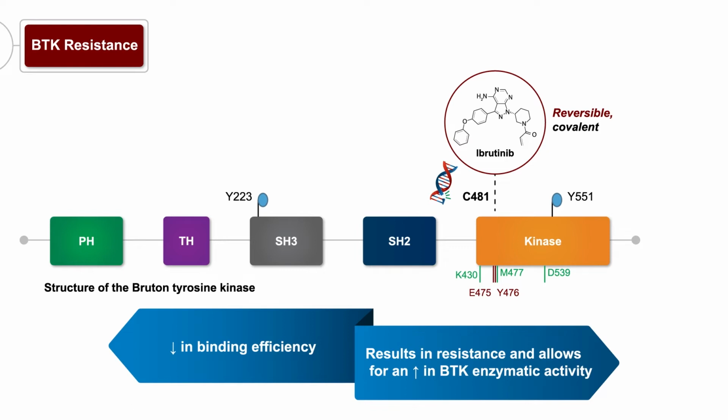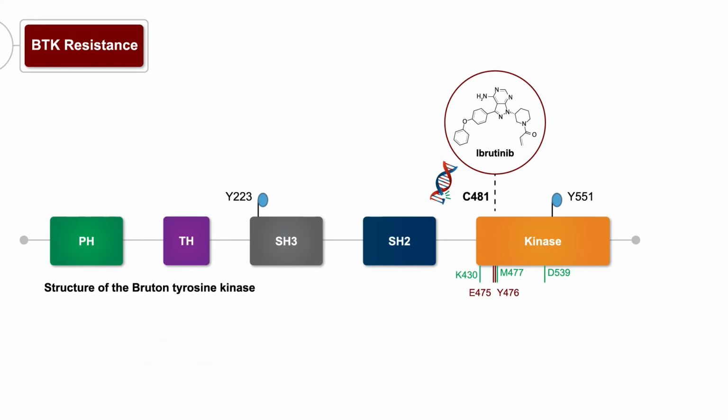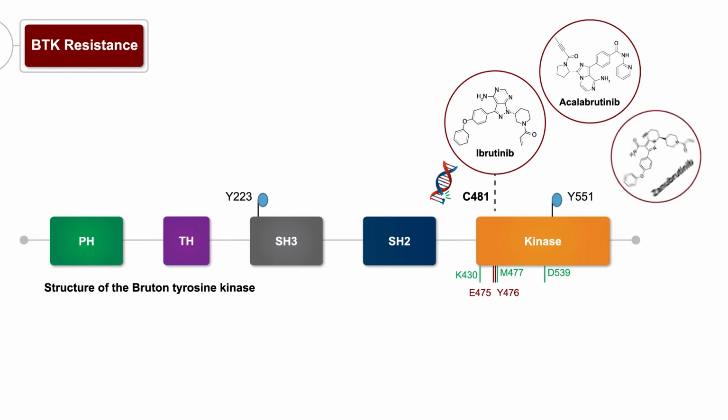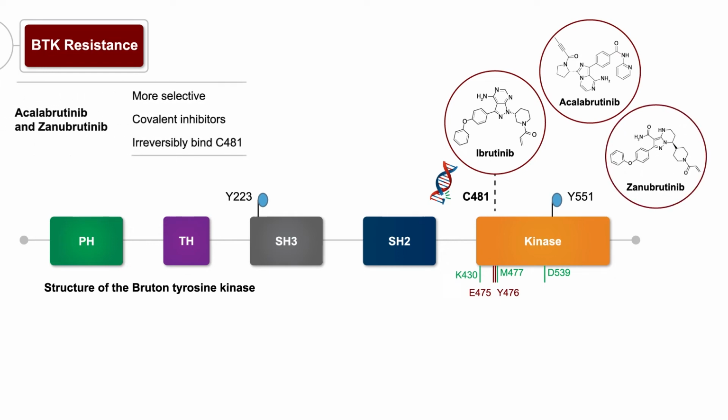Now, we know that there's been great advancements in BTK therapies with two second-generation BTK inhibitors, drugs such as acalabrutinib and zanubrutinib. While these BTK inhibitors are more selective and result in less off-target toxicity, their actual mechanism in how they inhibit BTK is identical to ibrutinib.